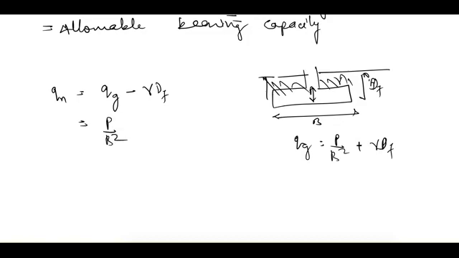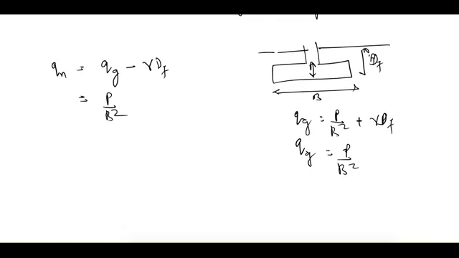Now if after constructing the footing we do not place back this soil, then what would be the Qg? Qg would be equal to P by B square, because in the total load only this excess load is there. So Qg is P by B square, and Qn would be equal to P by B square minus gamma df.